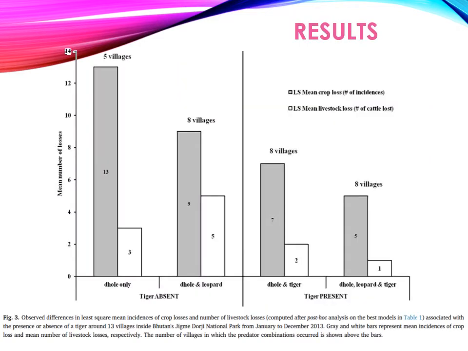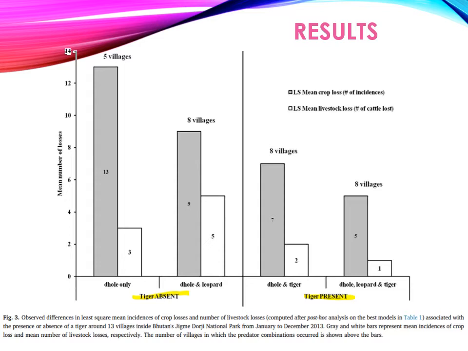So here's some results from the Dole paper, and this is when I started to get excited. This paper is when I got to see some of the things that they were actually finding. And so they were looking at places where tigers were absent from the areas around the villages, and where tigers were present in the areas around the villages.